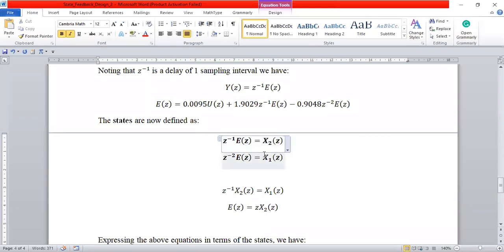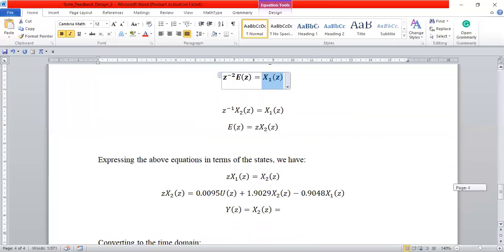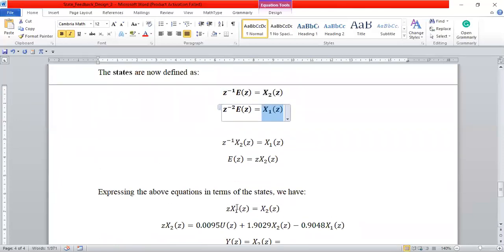When you multiply Z by x2, you're going to get x1. That's how we got that relationship. If you multiply Z by x1, you're going to get x2. That's how we got this relationship here.